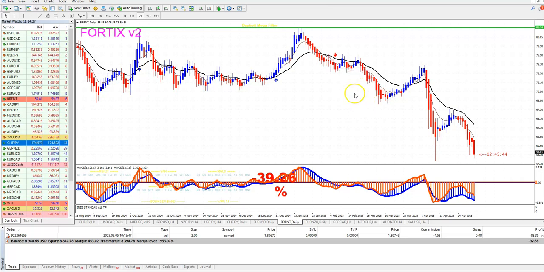The first one is, if the moving average 8 crosses over the 21, and one of these goes over 0, it is time to close the trade.